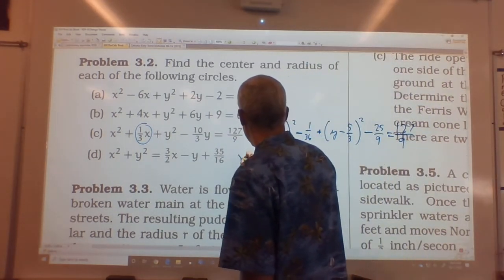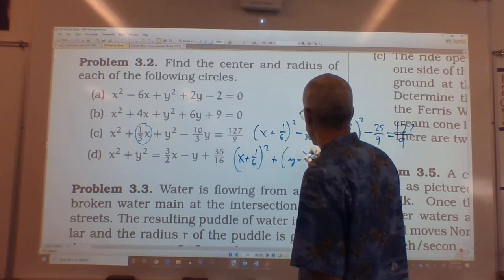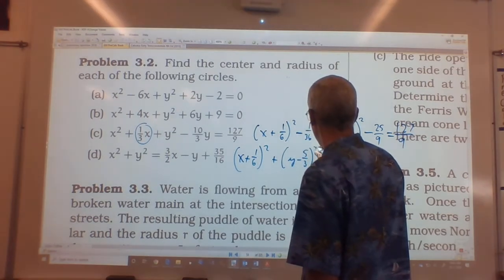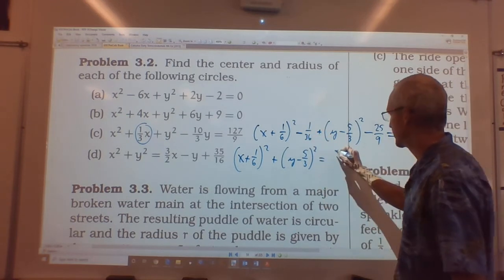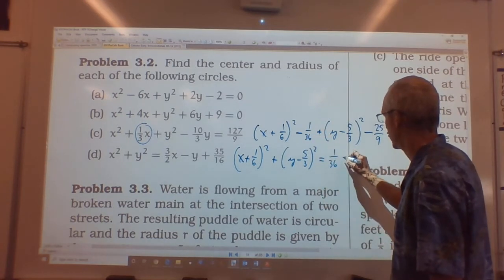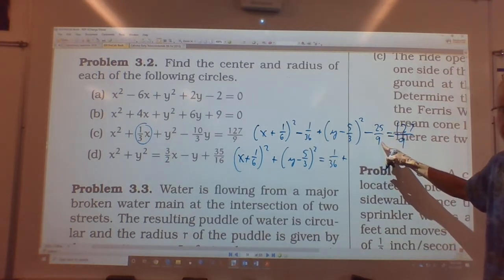So I'm going to rewrite this as (x + 1/6)² + (y − 5/3)² = 1/36 plus this one, which I can multiply by 4 to get 36.